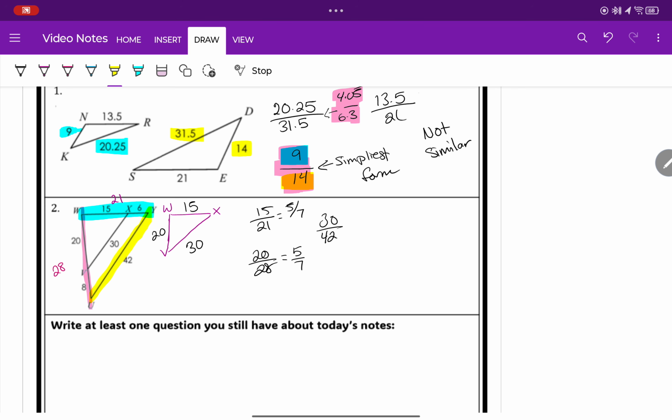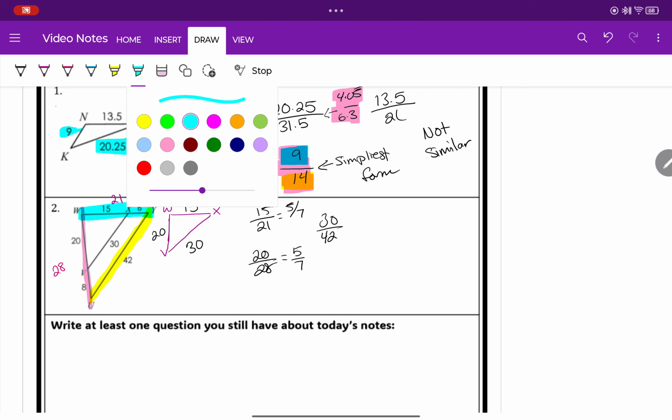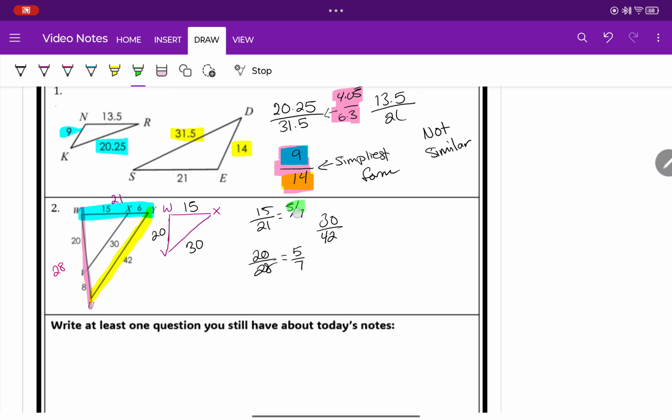So already I have 2 ratios that are the same. But because I need all 3 sides to be the same ratio, I still have to check number 3. I can't stop there. So 30 and 42 are both divisible by 6. So 6 goes into 30 5 times, and 6 goes into 42 7 times.